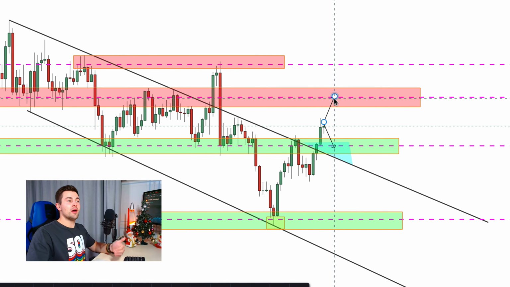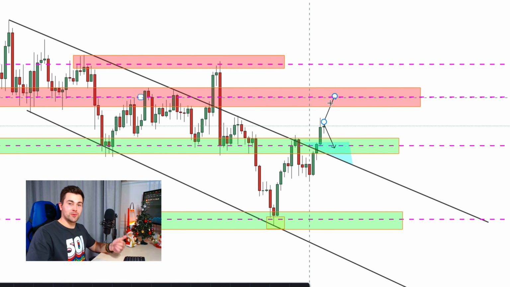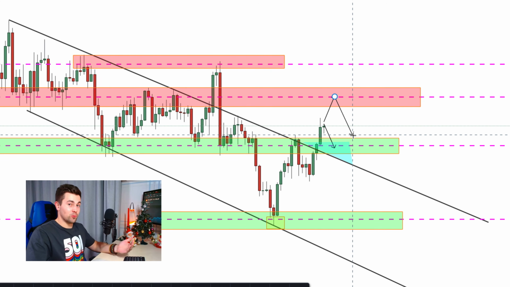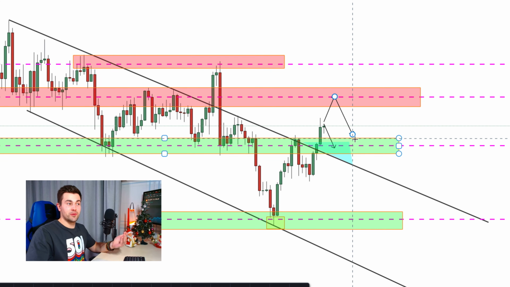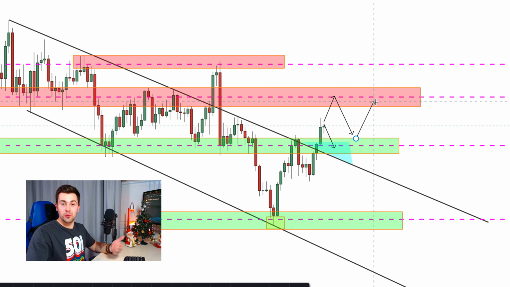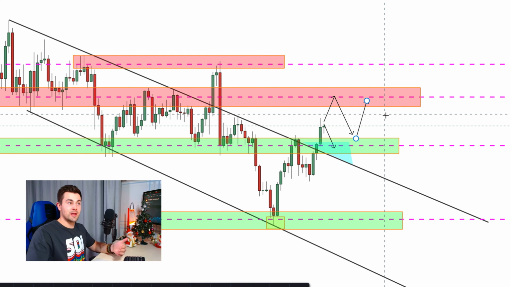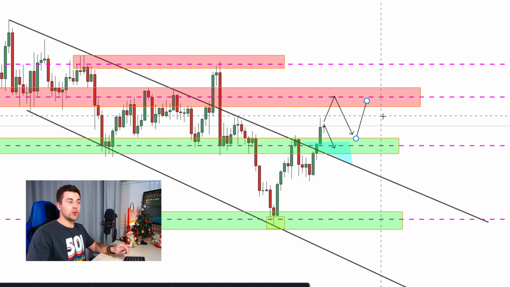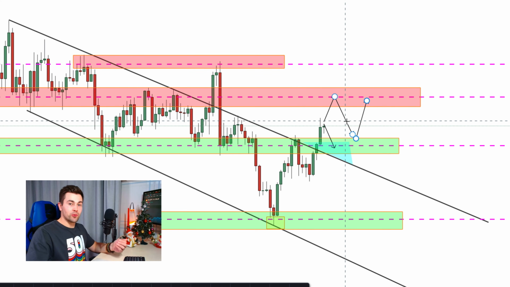And most of the time, what is funny, once the price reaches a key resistance, it goes all the way down to the key support. And once the market reaches key support, most of the time it goes all the way up to key resistance. For you, it is crucially important to always check the reaction of the market to the reached key level.